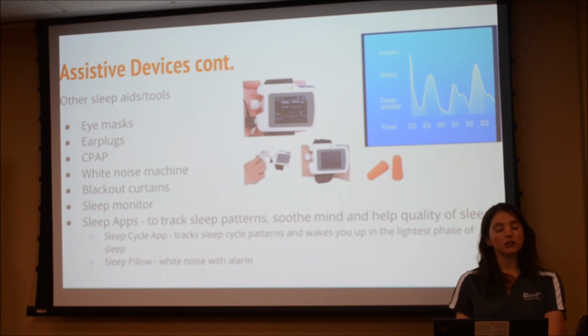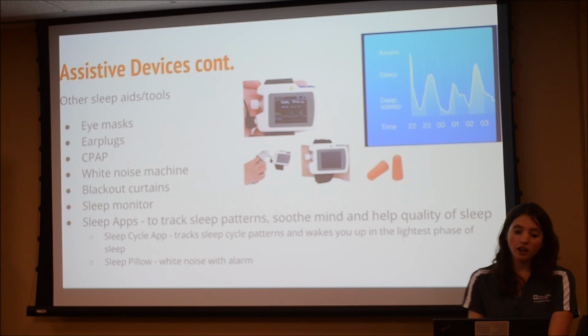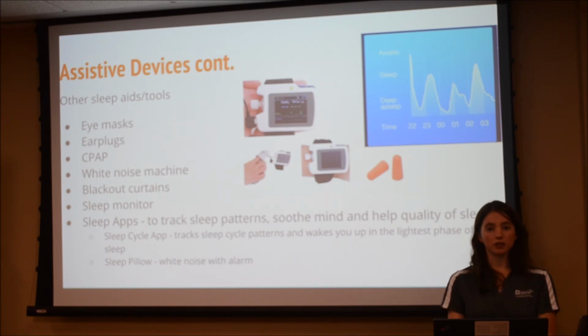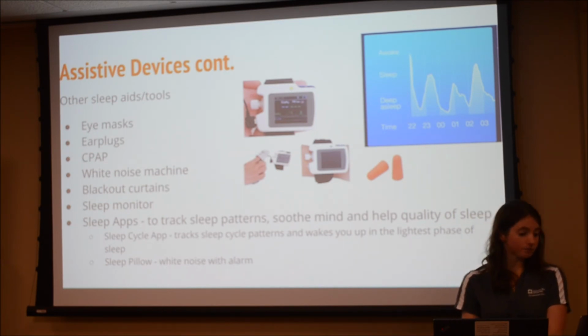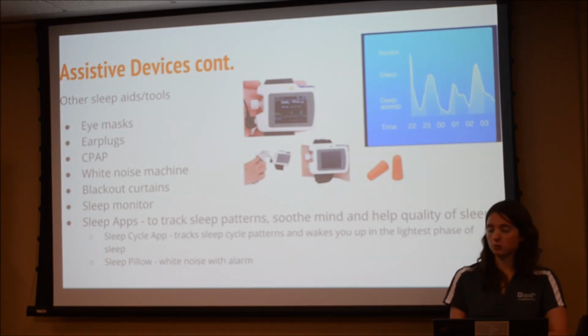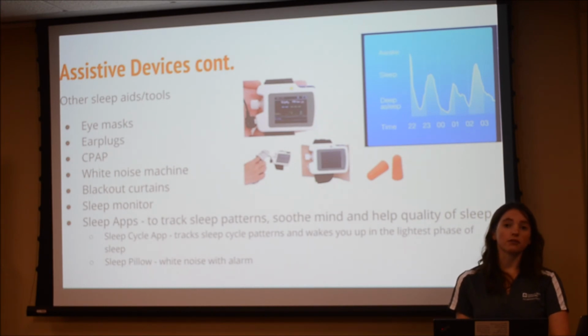Oftentimes someone with sleep apnea, when they're snoring, is woken up constantly because they're essentially stopping breathing. And so the CPAP helps to keep it so that they don't stop breathing and are able to sleep more thoroughly. There's also white noise machines, blackout curtains just to prevent light coming in.